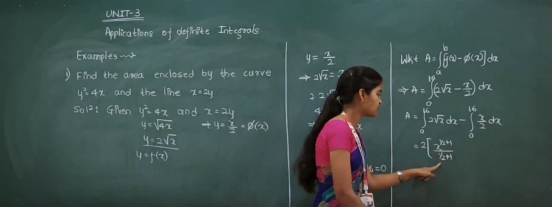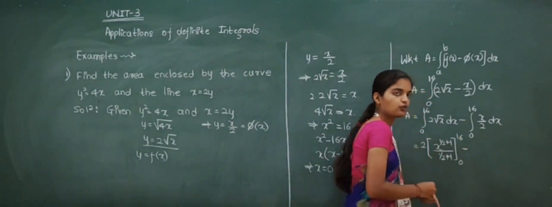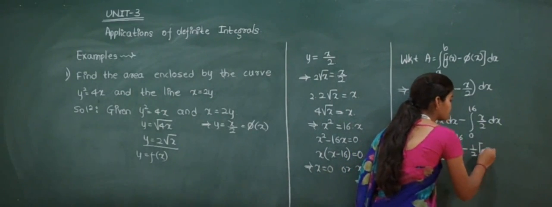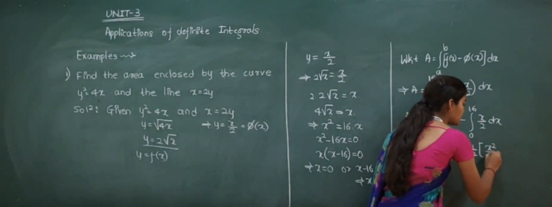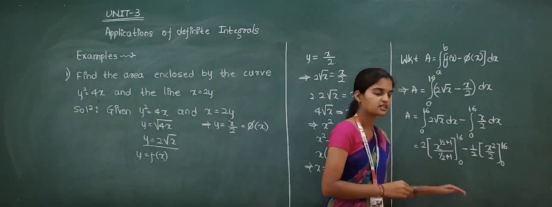According to that we have written, and here again 0 to 16 because upper and lower limits we have to write. Then minus 1 by 2 I will take, and integration of x is x square divided by 2 from 0 to 16. So this is the step.